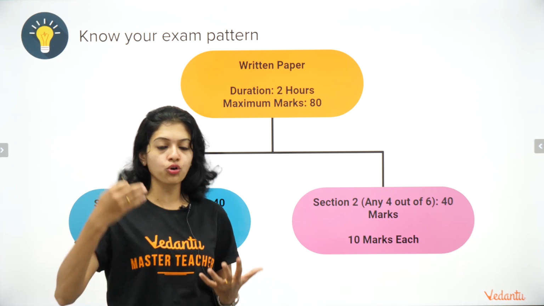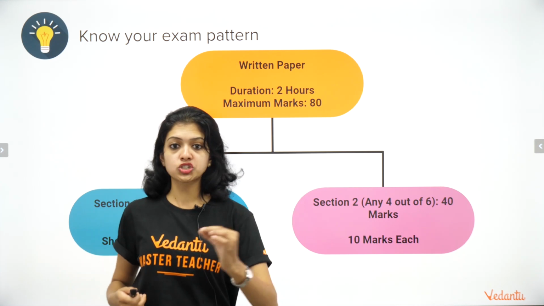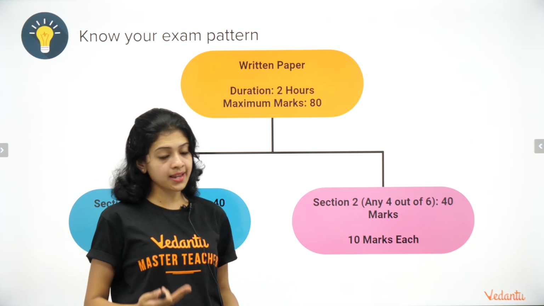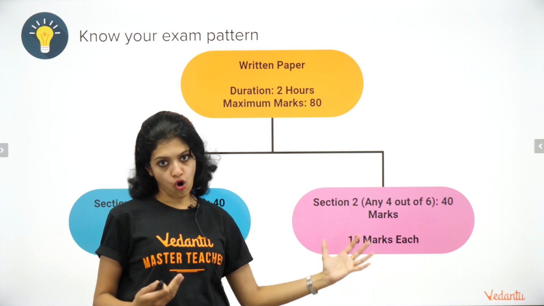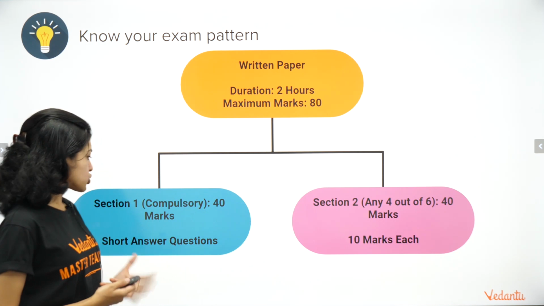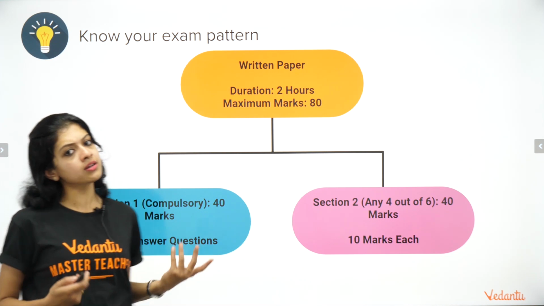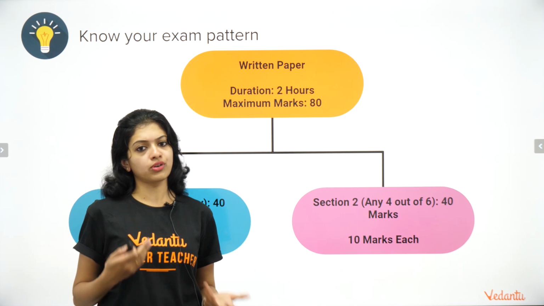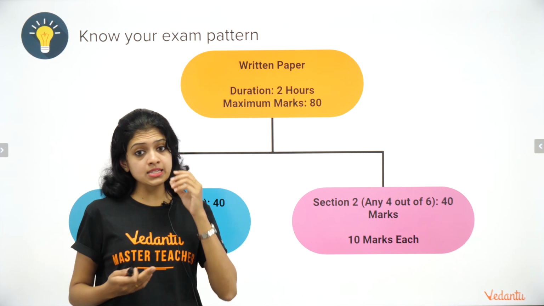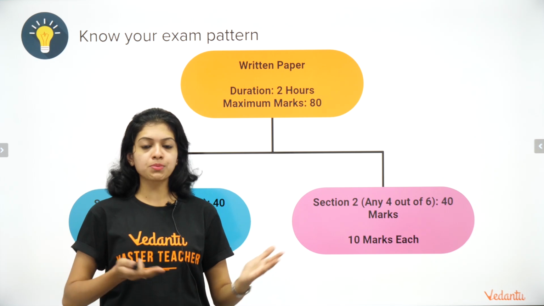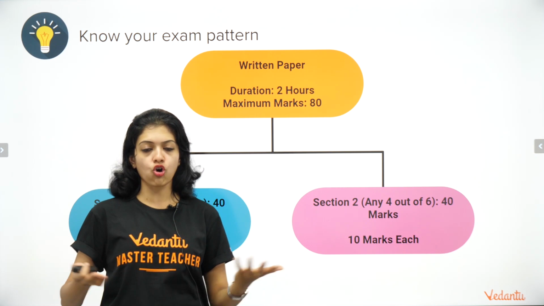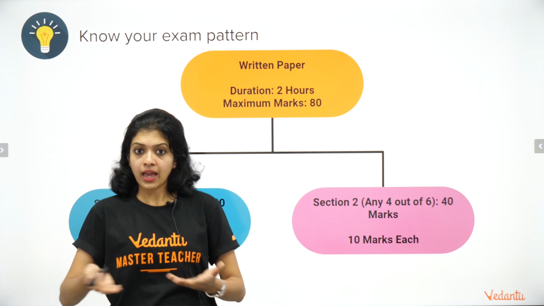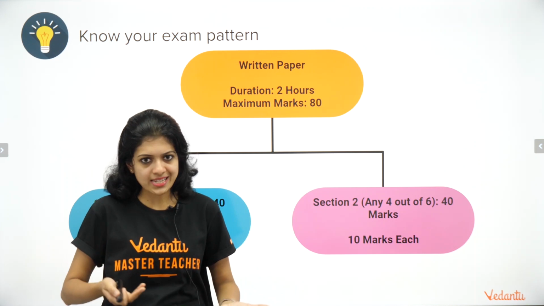You can pick any 4 out of the 6, and each question carries 10 marks. So again, 40 marks in all. Right? So short answer questions in section 1 would mostly comprise of definitions, give reasons, probably differentiate between 2 different processes or 2 different things, and simple questions like that.